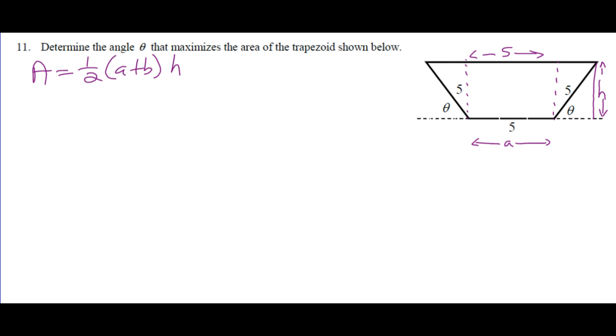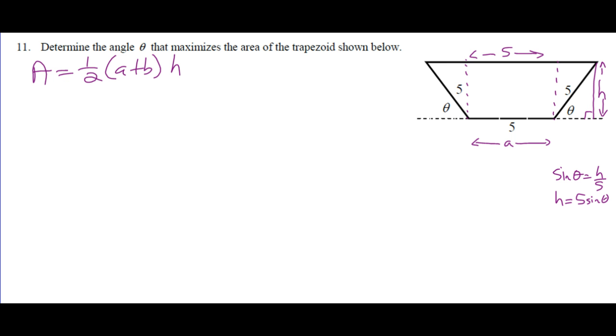In terms of theta and the 5, what's the height? Sine theta is equal to h over 5. So sine theta is h over 5, so then h is 5 sine theta.